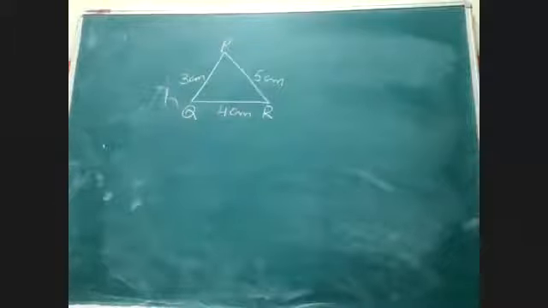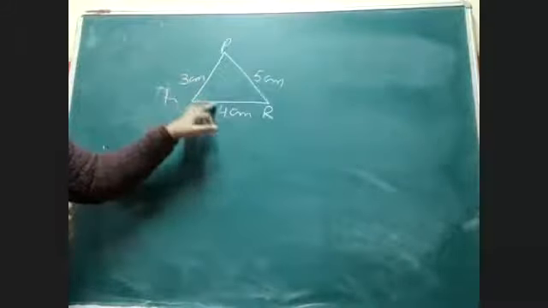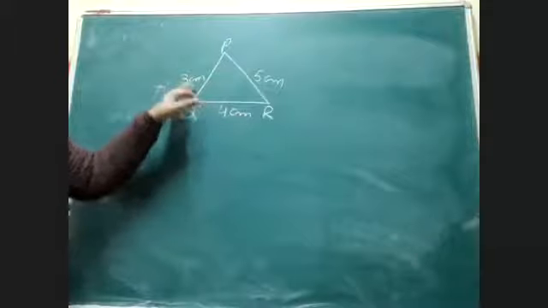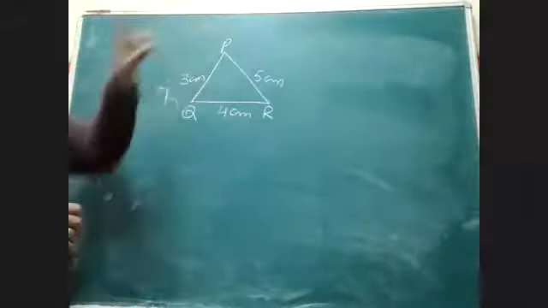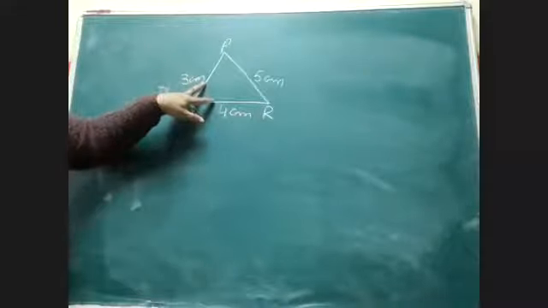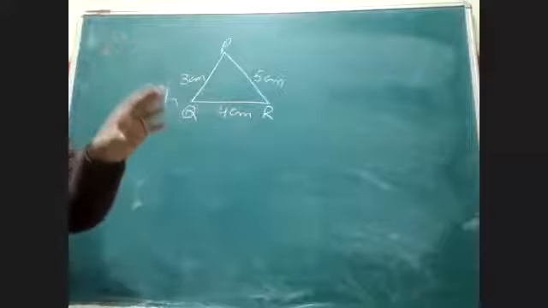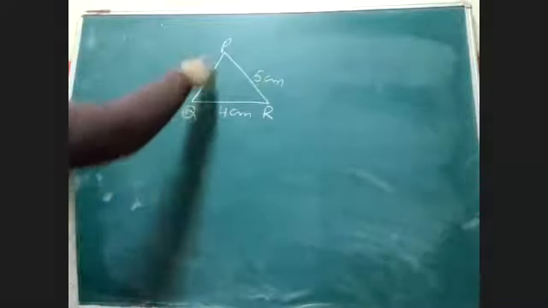Now, the sum of the lengths of any two sides of a triangle is always greater than the third side. It means if we add any two sides of a triangle, then the sum of these two sides is always greater than the third side. Now, verify it.